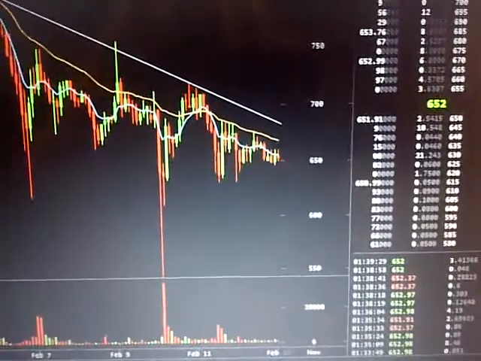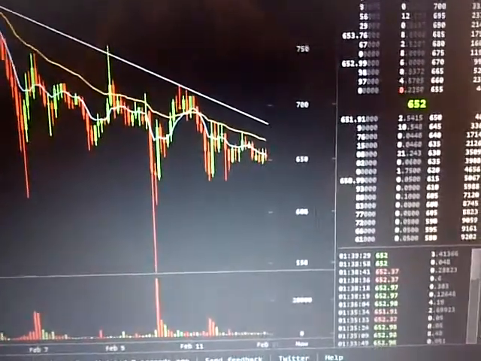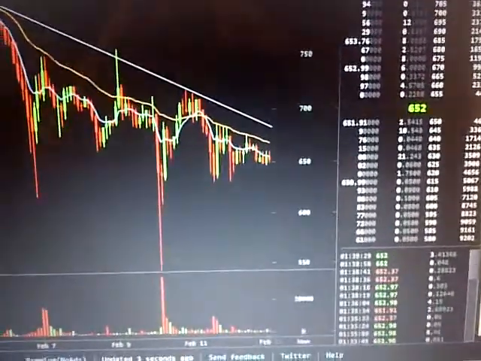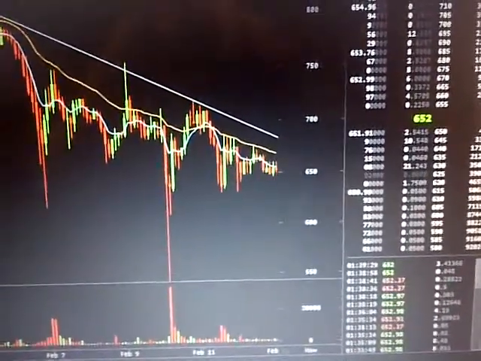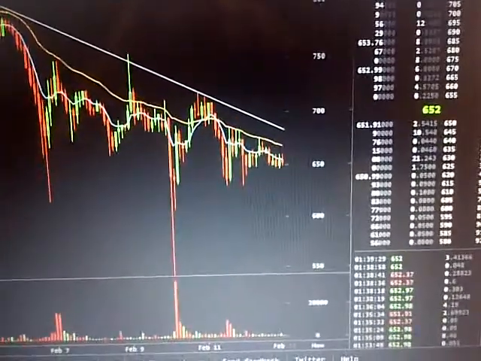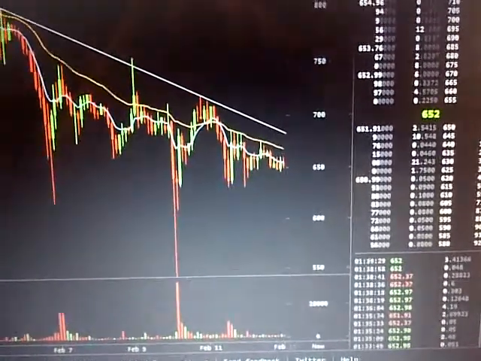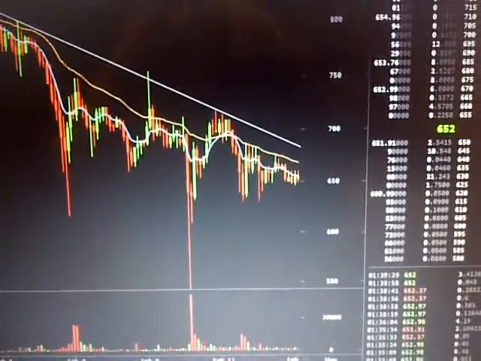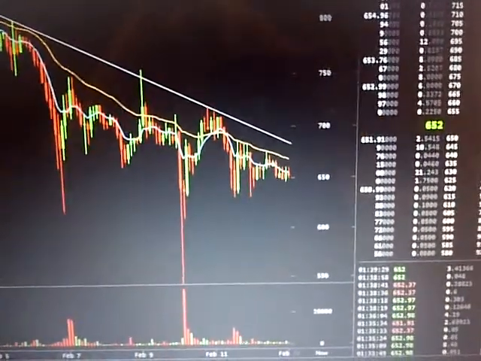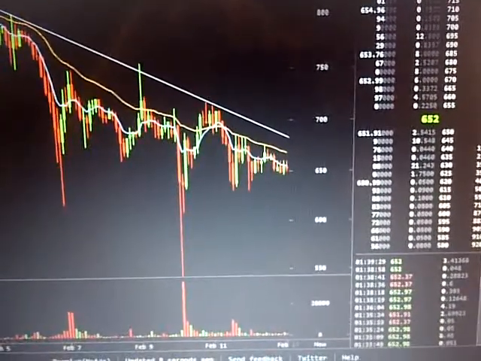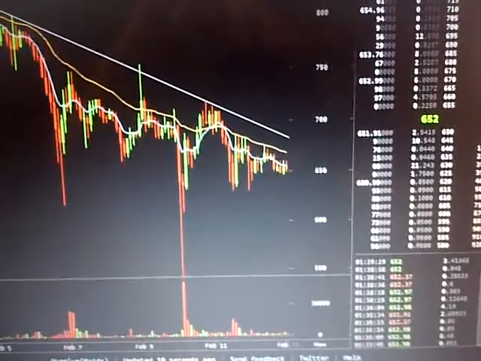I use localbitcoins.com, and because of the transaction fees and everything, I have to charge more than the Bitstamp price, and people are buying them. You would think that they wouldn't, because if they can't withdraw from Bitstamp, there's no point in going to Bitstamp, right?